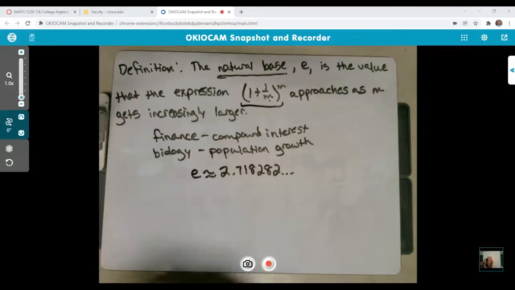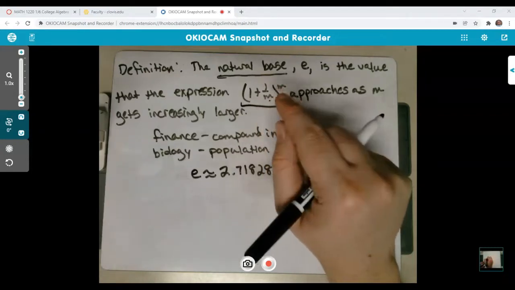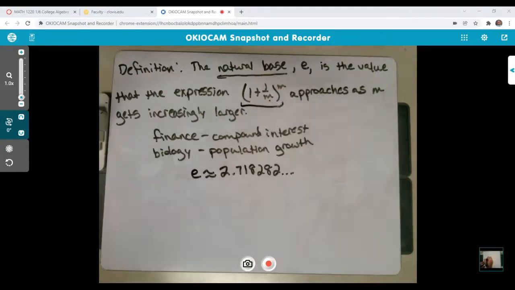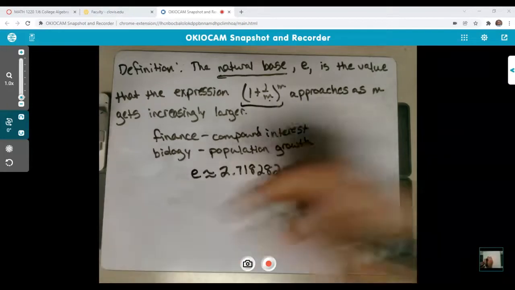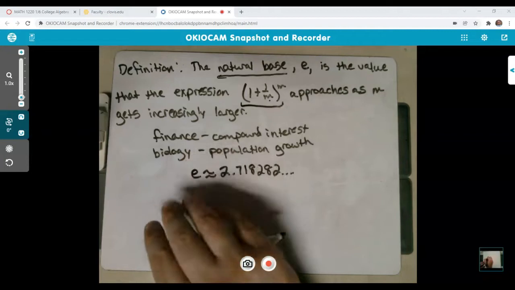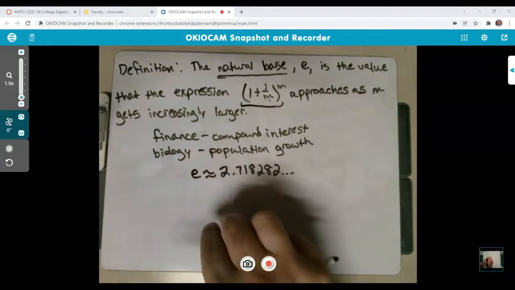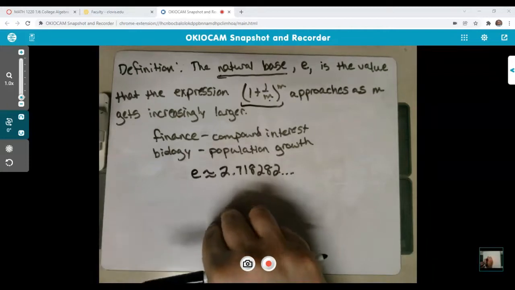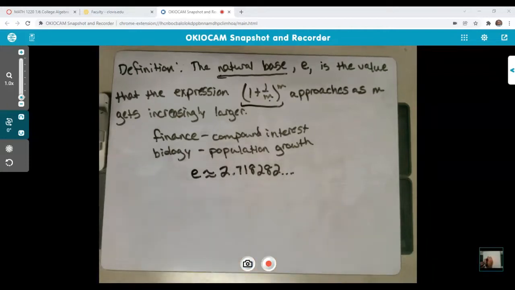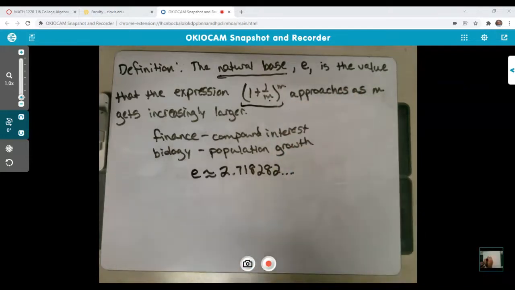And it's what happens as 1 plus 1 over m to the power of m as m gets really big, okay? e comes up a lot throughout calc 1 and 2, and e in fact does some really cool stuff, and so that's why we really like e. Okay, so that we are going to see e a lot in this class.